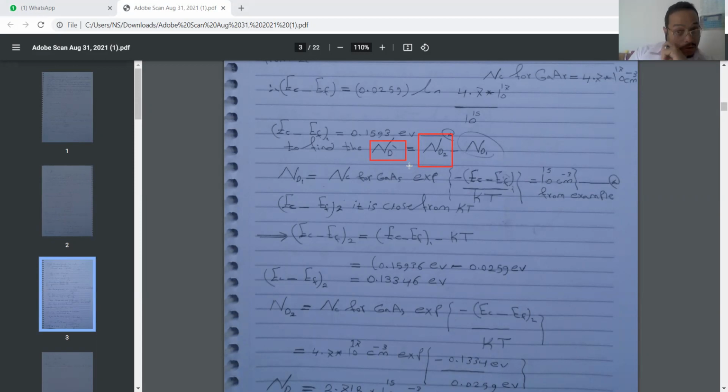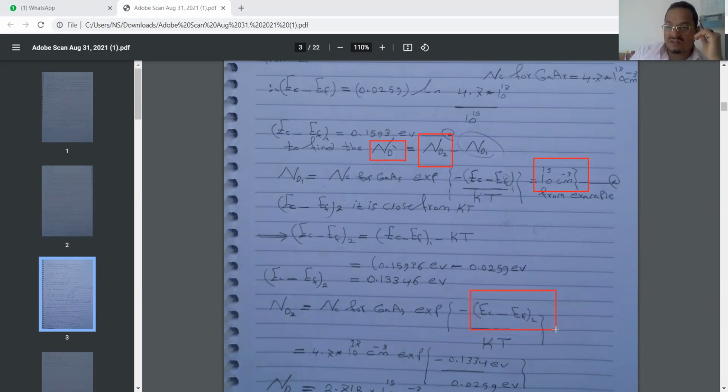Now, here the author gave this result to us. By using this equation, sorry, ND2 equals the effective density, which will be constant in the two situations because it is the same element at the same temperature. These are the two important things for us. Exponential minus EC minus EF2 divided by KT. Here we don't have the result of EC minus EF2.